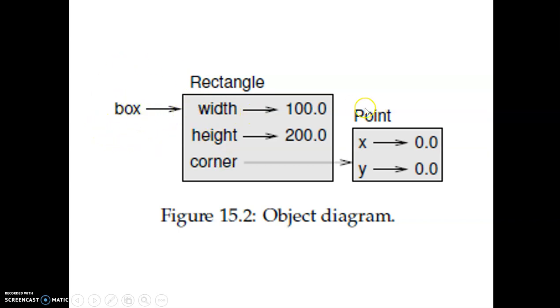Box dot width is 100, box dot height is 200, with some values. But another attribute of the box object is an object of the point class, so it refers to the point class with its own attributes. This is how the object diagram is represented if you use another class as an attribute of the previous class.